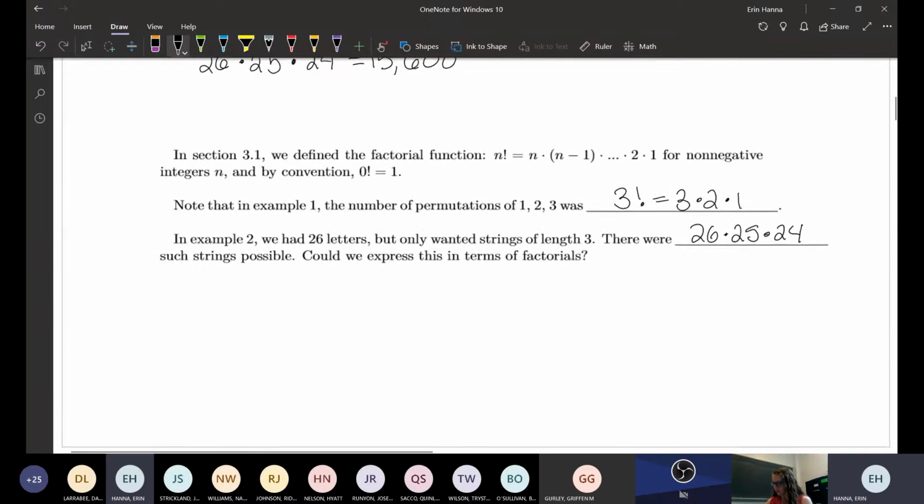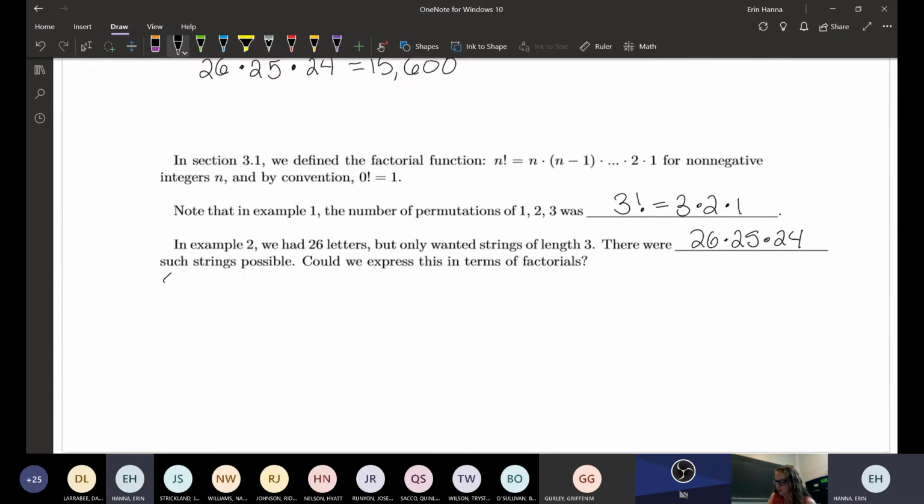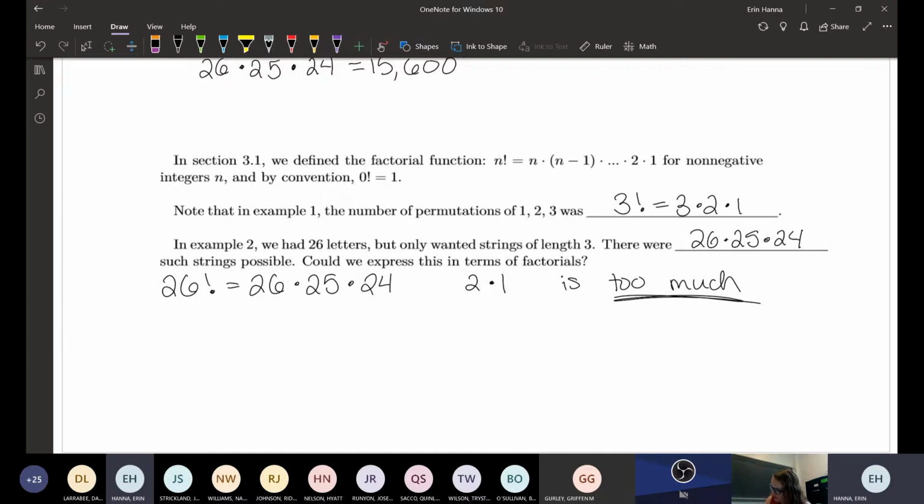So if we think about this a little bit, if we have 26 factorial, well, that's 26 times 25 times 24, and so on, times 2 times 1. That's way too many. So this is too much, obviously. Let me do one last thing to try to make this the tiniest bit clearer for the next thing I'm going to do. Let me write times 23 and then do my little dot, dot, dot.